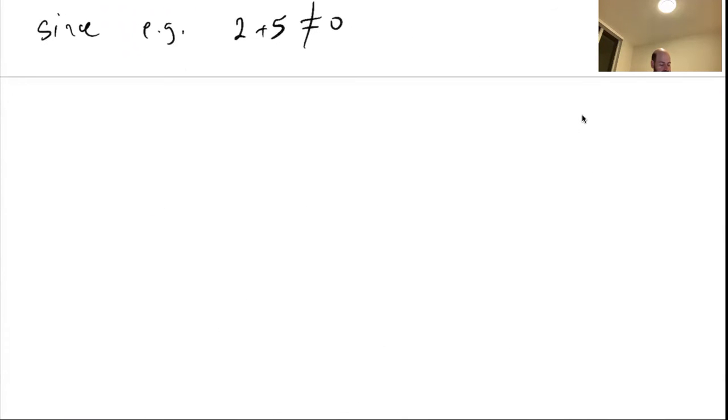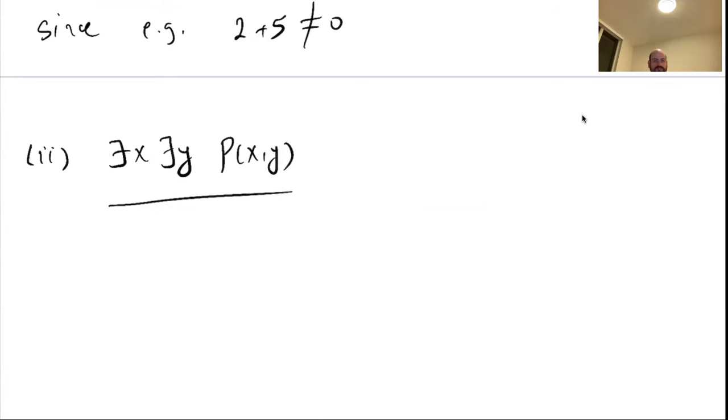Now the second one: let's say there exists x, there exists y, P of x and y. When can we say that this is true? When can we say this is false?